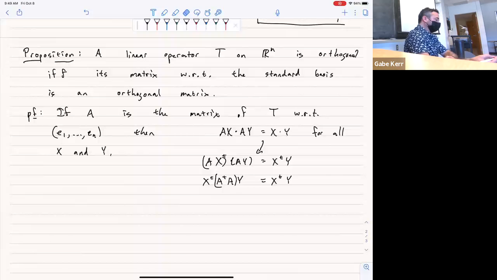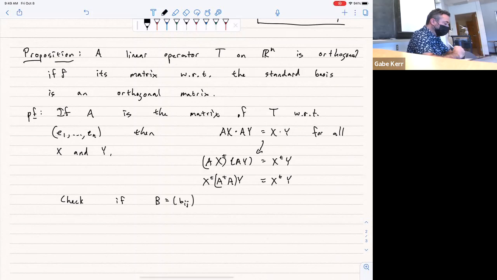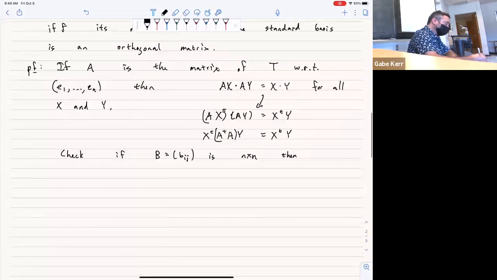And the reason is the following. To check that, if B is any n by n matrix, B_ij, then I take the jth column vector and take its transpose.